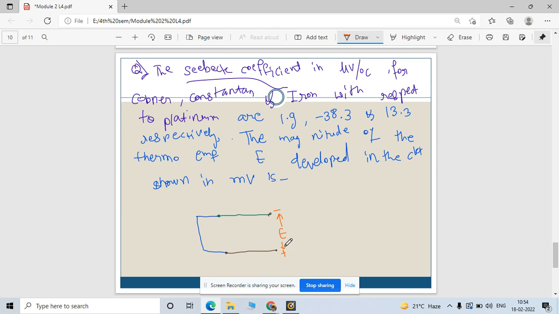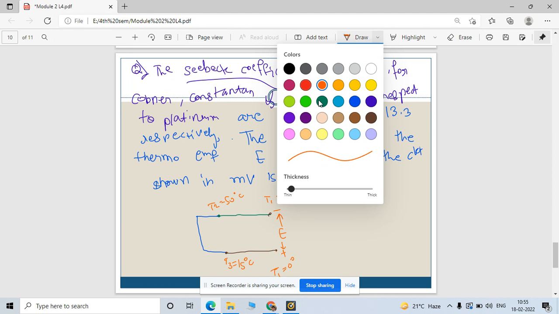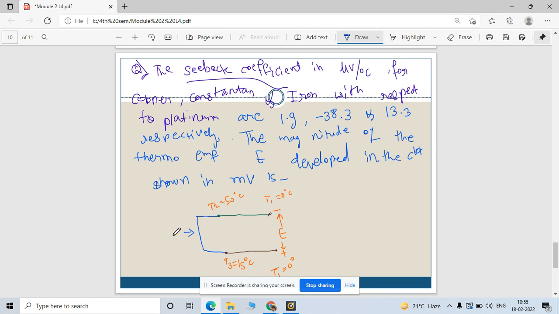This potential is given in your question, and in that, T1 is equal to 0 degree, T2 equal to 50 degree, T3 equal to 15 degree. This data is provided to you in this question.